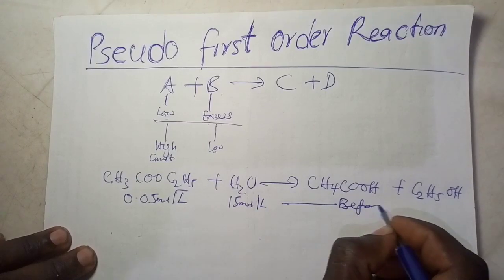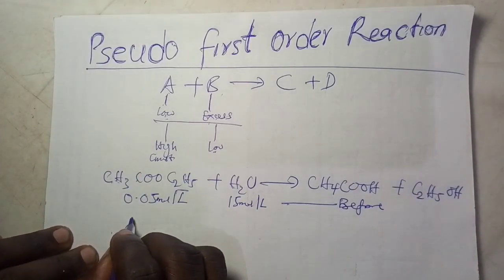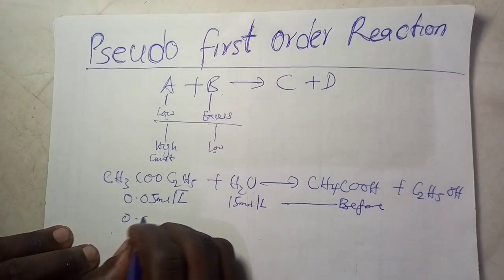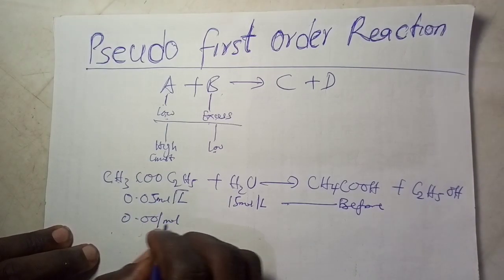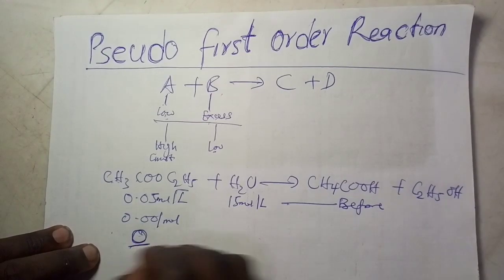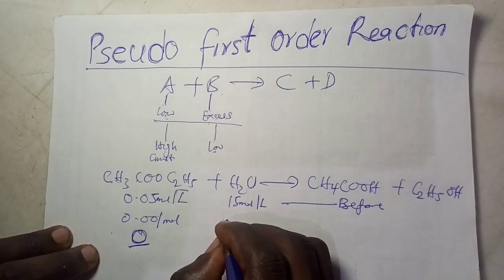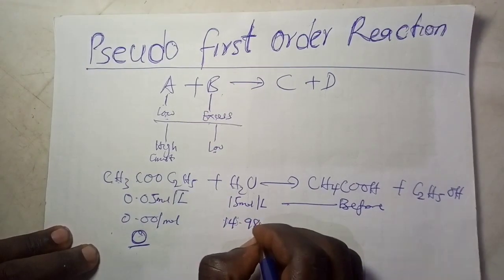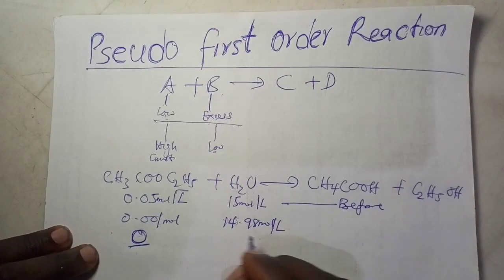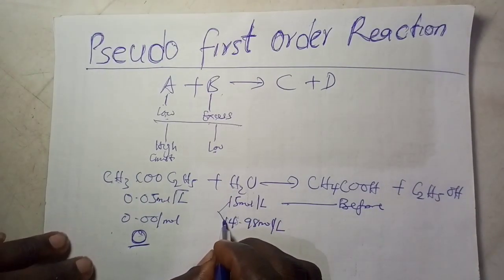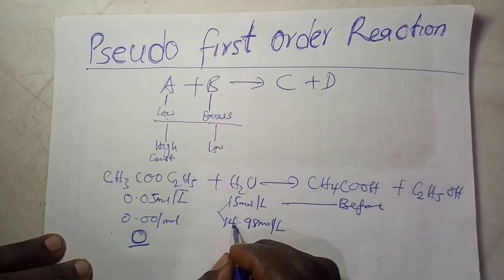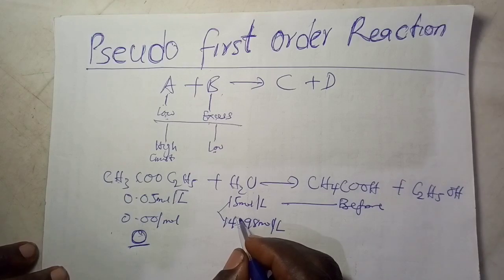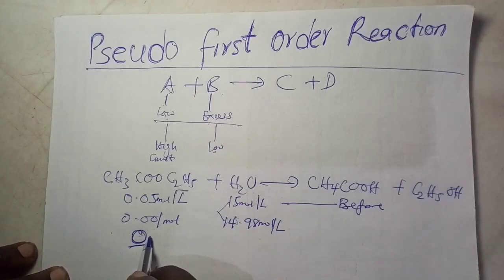After the ester has been consumed, you have 0 left here, and the water remains about 14.98 mole per liter. There is no significant difference here. That means water is still in high amount, almost constant, making this a pseudo first order reaction.